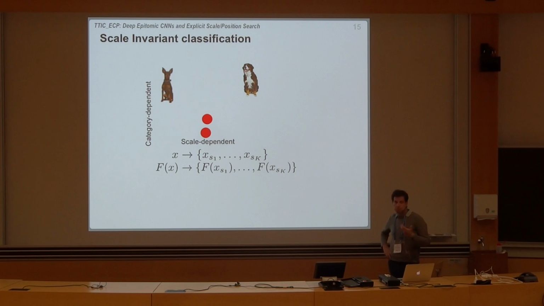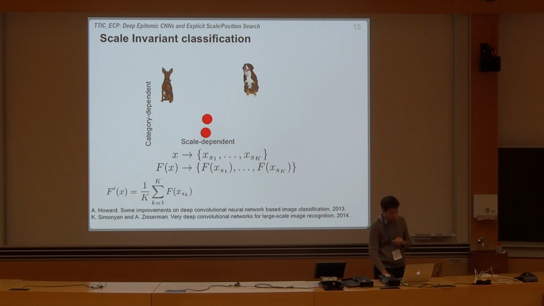Now the question is, how do we exploit this insight to have a better detector? One thing that has been used in deep learning, last year by Howard et al. and also by the Oxford group this year, is to average these classifier scores. You can say that maybe at one scale we failed, but at the other we're right, so if we average, we're doing something better.